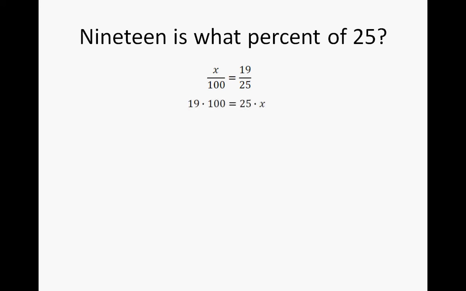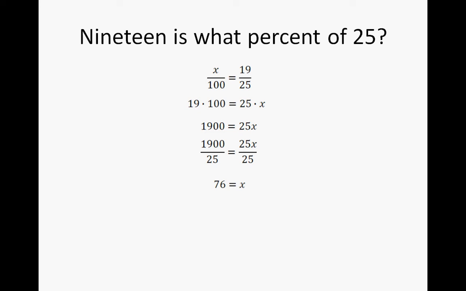And doing the same process again, 19 times 100 is the same as 25 times x, which simplifies to 1900 equals 25 times some number. We're going to divide by 25, and 1900 divided by 25 is 76.